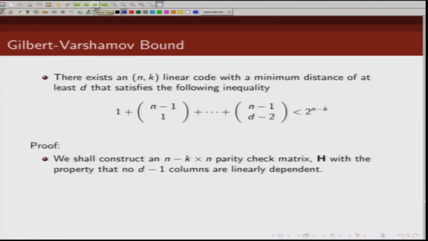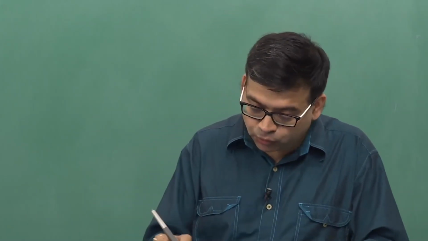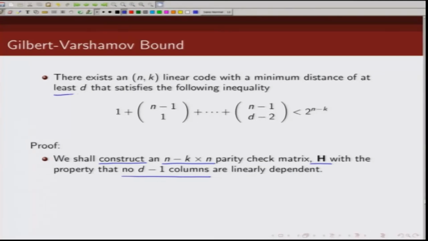So, let us construct a parity check matrix H, which is an (n-k) cross n matrix. We will try to construct this parity check matrix such that no d minus 1 columns are linearly dependent. If we can ensure that, then we are ensuring that minimum distance is at least d, and that is what we want to show: if the minimum distance is at least d, then this condition has to be satisfied.